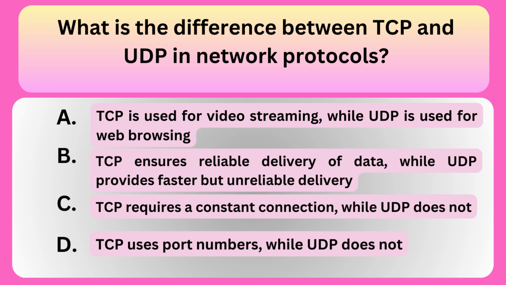TCP requires a constant connection while UDP does not. TCP uses port numbers while UDP does not. And the right answer is TCP ensures reliable delivery of data while UDP provides faster but unreliable delivery.